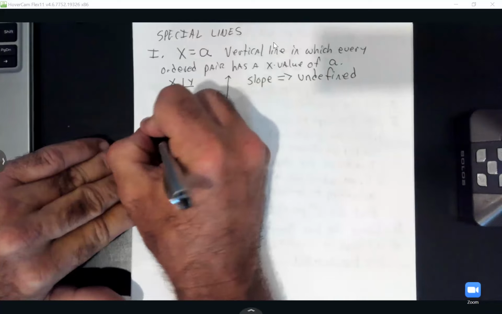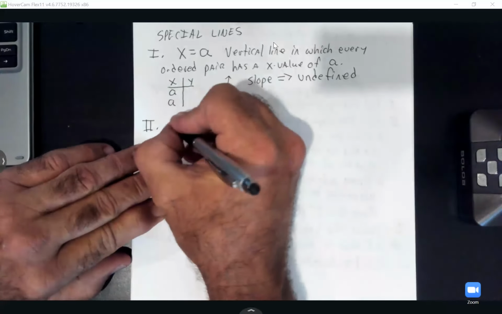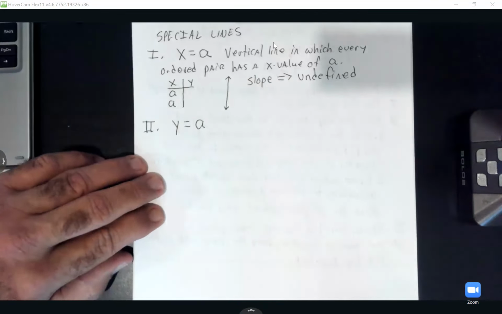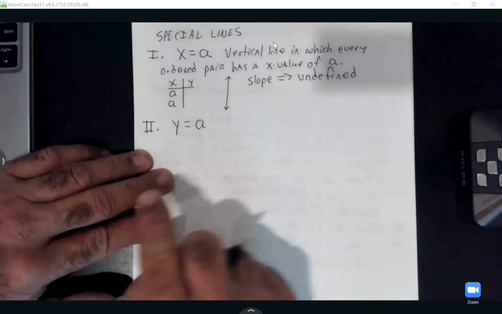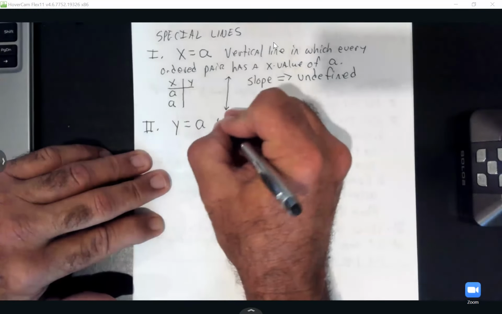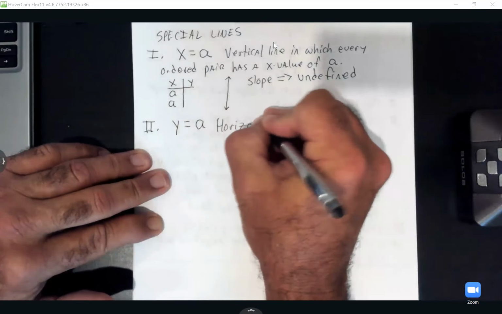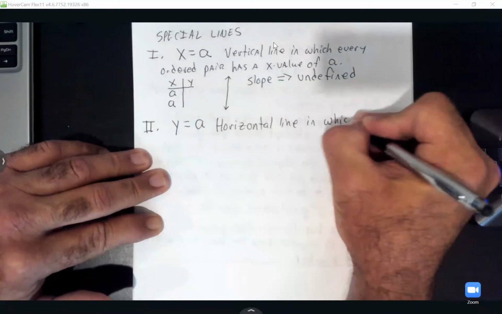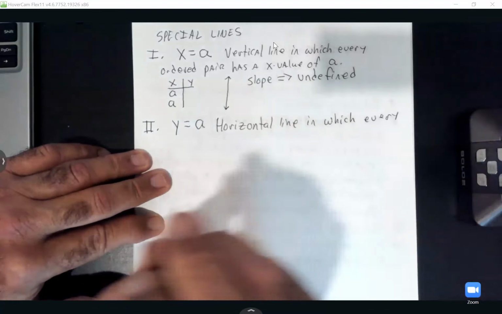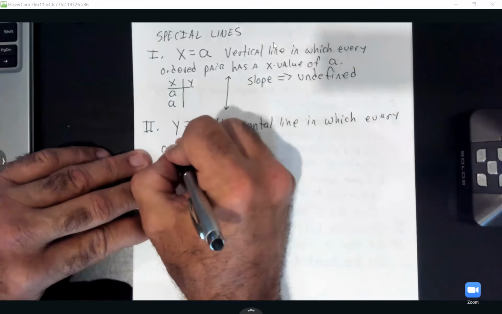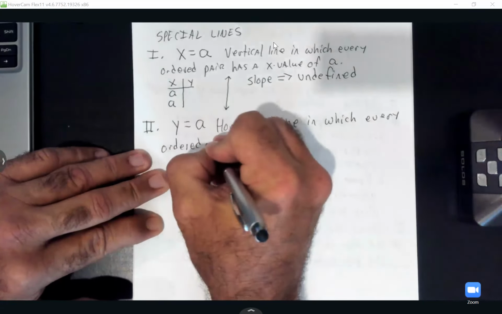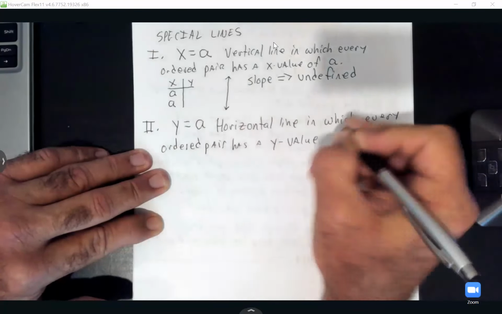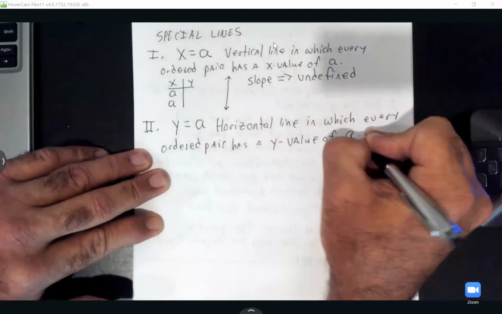Now, second special line is y equal to some number. If your y is equal to a number, that's not going to be a vertical line. That's going to be a horizontal line in which every ordered pair has a y value of whatever that A is.